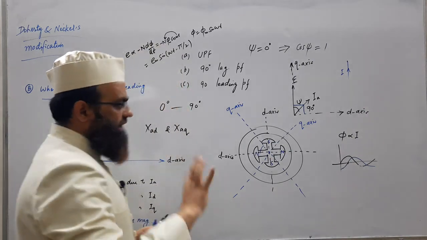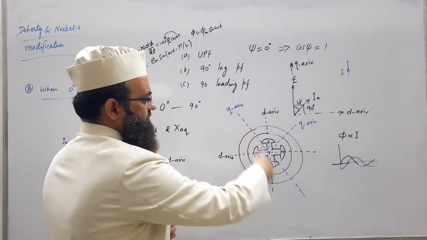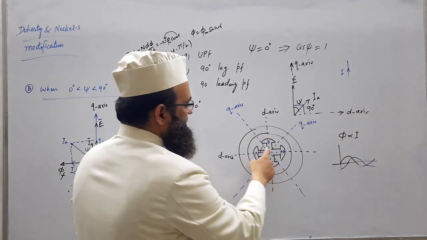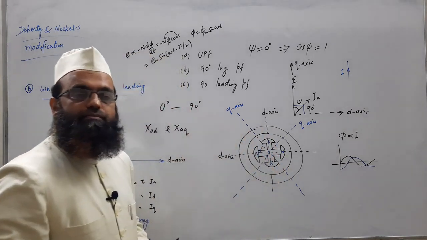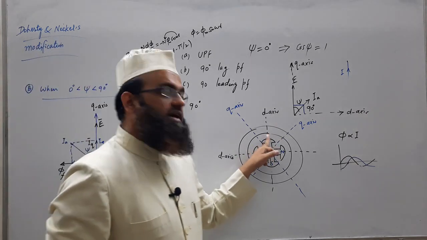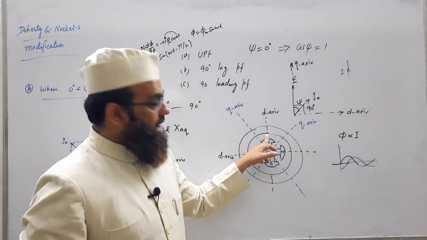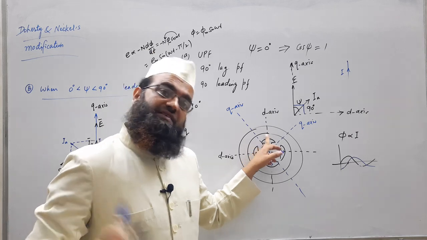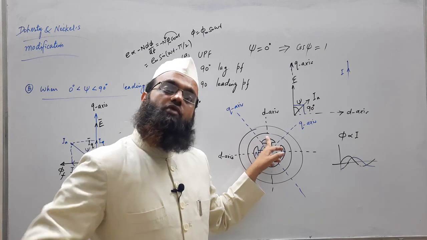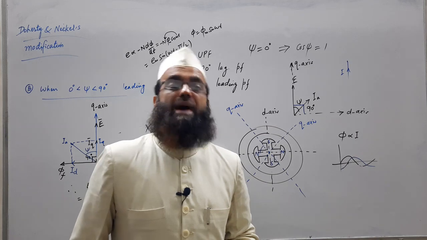In other words, flux linkage will be more where the air gap is minimum, along the d axis, whereas along the q axis the air gap is maximum. So, the effective corresponding reactance here will be lesser or more? More. How? The air gap is minimum, it means reluctance is minimum. Once reluctance is minimum, more and more flux lines are passing, it means flux linkage is maximum.